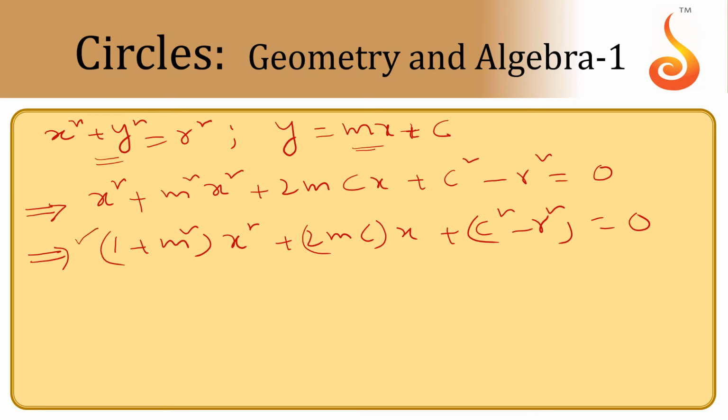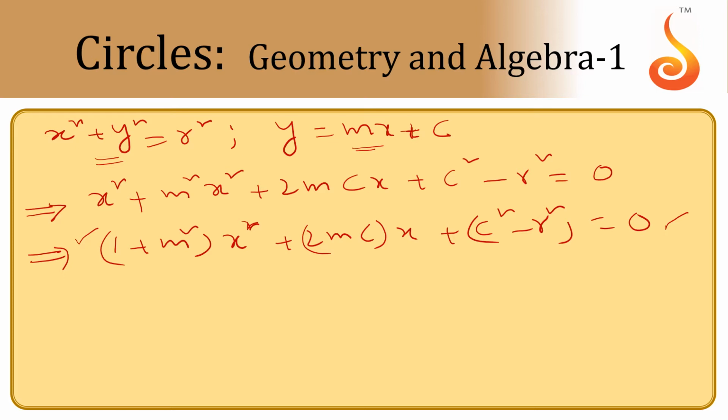If at all this line meets the circle, this equation is also telling you at how many points it meets. When I got a quadratic, it is telling indirectly that this line and this circle can have a maximum of 2 points, because when you have two x coordinates which are common for the line and circle, maximum you can have two distinct points common for both.